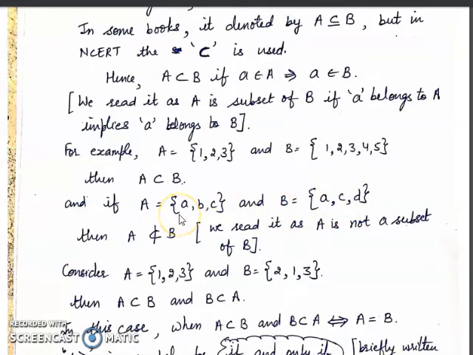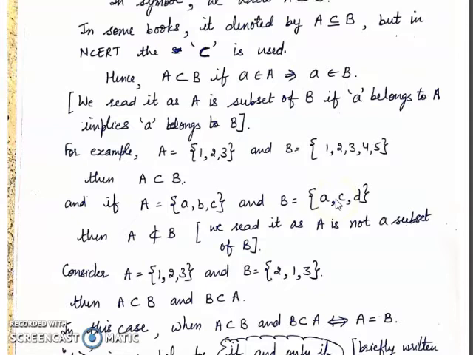So here you see that a and c, these two elements, are in B, but b is not in B. So it means A is not a subset of B, because every element of A must be in B, but here two elements are there and one element is not in B. Therefore A is not a subset of B, and in symbol we write it like this.